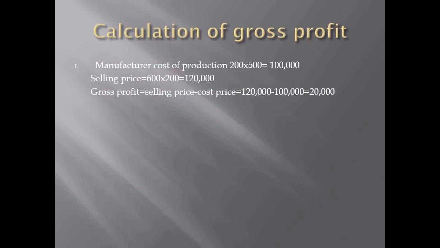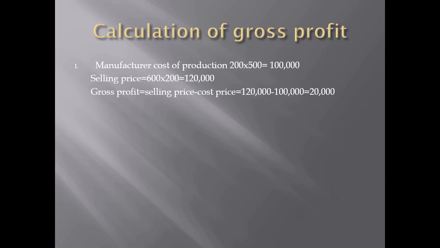Now, gross profit. To get the gross profit of the manufacturer, we say gross profit is equal to selling price minus cost price. In that minus sign, I would prefer to be using less, because that is the business term. So we're going to say selling price less cost price.